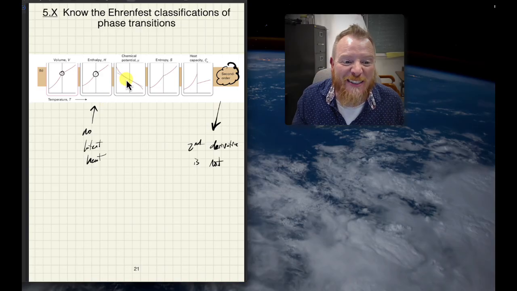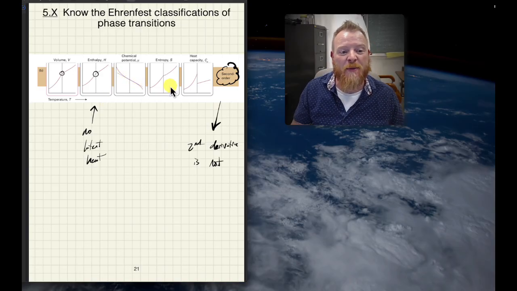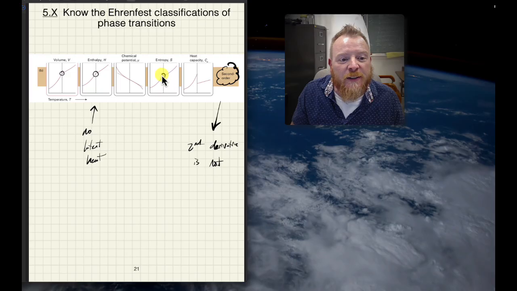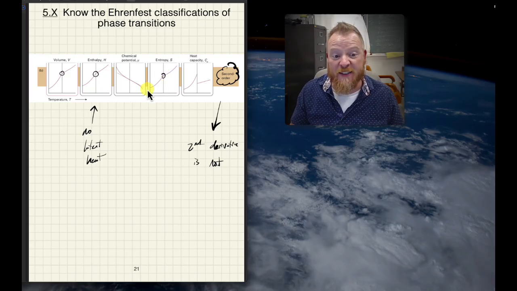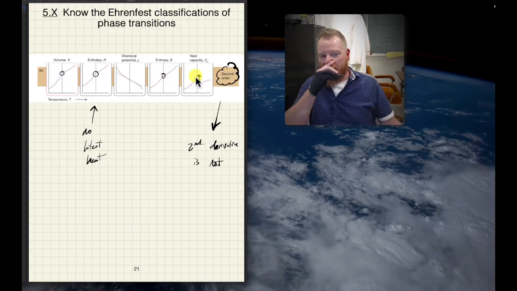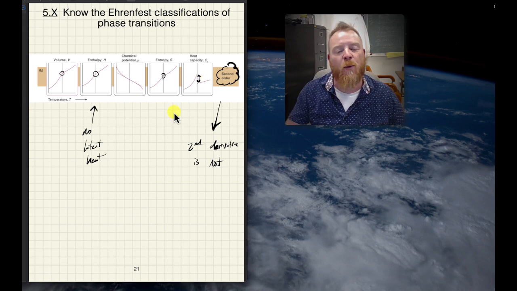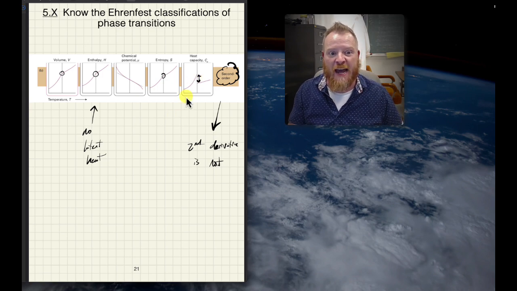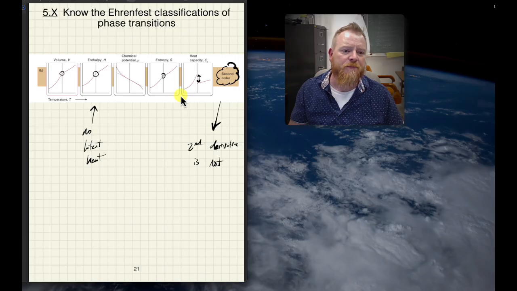Chemical potentials continue along smoothly. There's a little bit of a change in entropy, which would give a discontinuous second derivative, but a continuous first derivative. And the heat capacity does show a little bit of a jump there, but certainly by no means jumps up to infinity at that one particular spot.